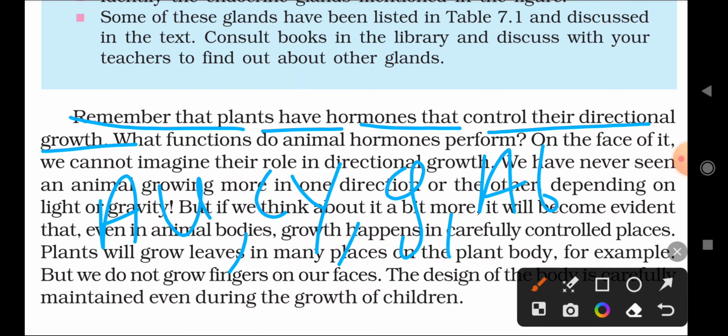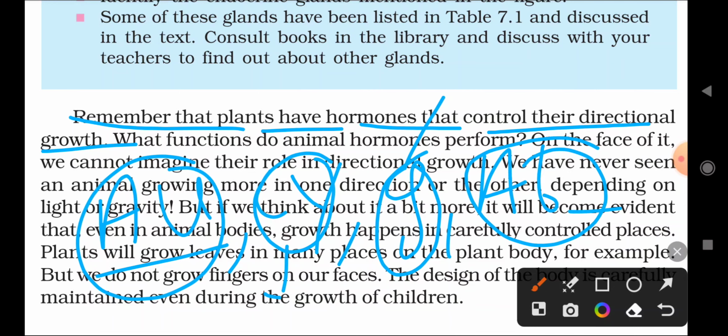These are the plant hormones which help the growth of the plant, in particular directions only. Auxin helps in the growth of the plant, cytokinin causes cell division, gibberellin helps the stem, and abscisic acid will stop the growth of the plant.